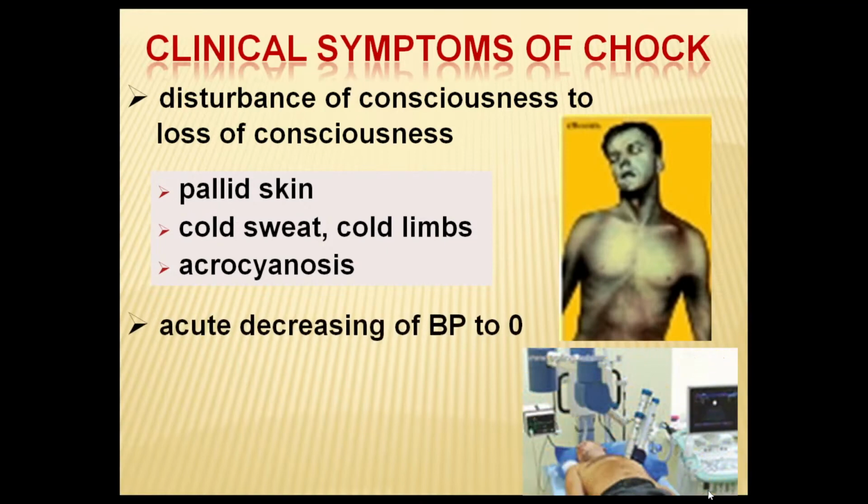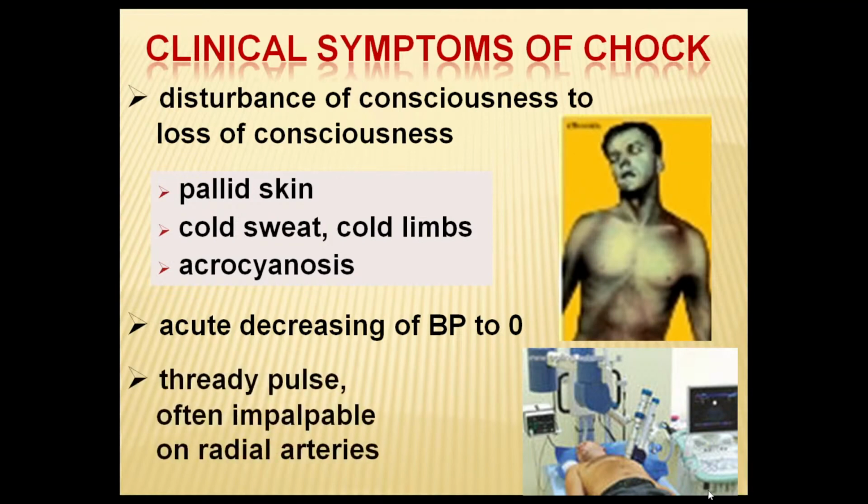An objective sign is a significant and short-time decrease of blood pressure. Sometimes it's undeterminable. As a result, the pulse is very difficult to palpate, and especially we palpate the pulse on the carotid artery. We remember, we use the carotid artery in an acute situation for examination of the pulse.